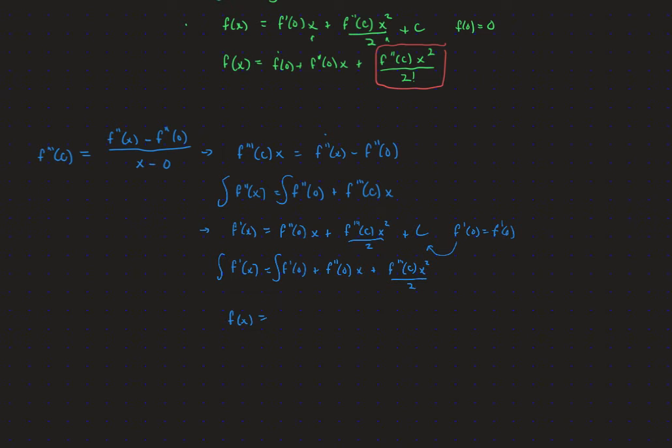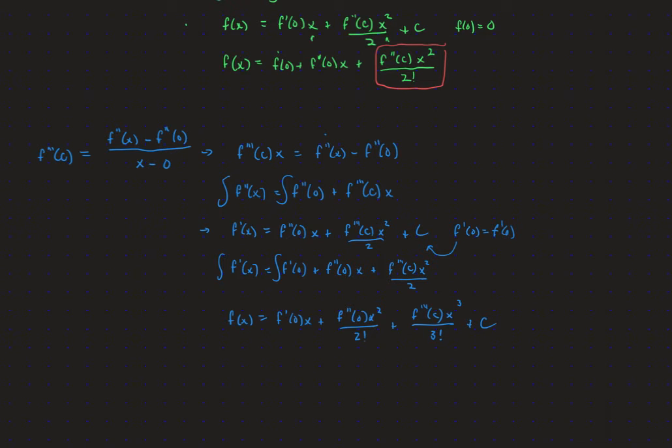When we integrate the constant f prime of 0 with respect to x, we'll get that constant times x. When we get the constant f double prime of 0 times x, and we integrate that with respect to x, we'll get x squared over 2, which I'm going to write as 2 factorial. And when we integrate this f triple prime of c, x squared over 2, we'll get x to the third over 3, times that 2 that was there is going to make that 3 factorial.